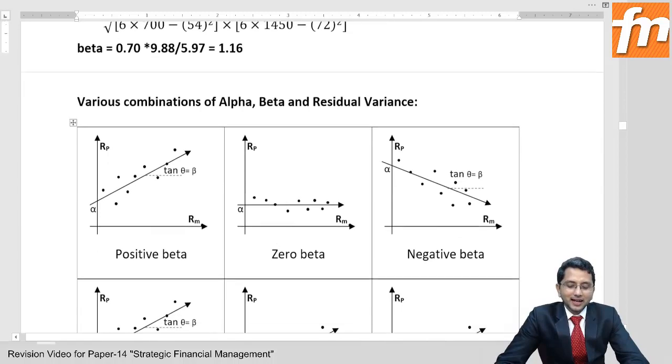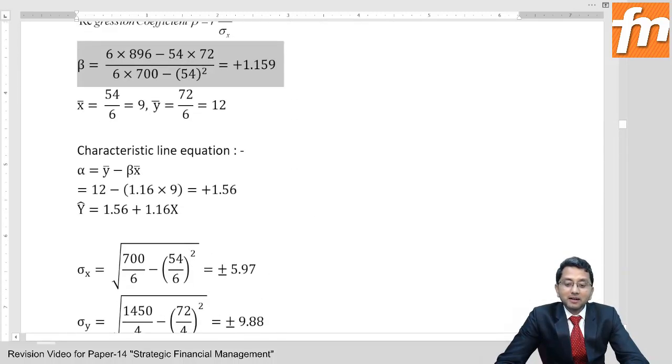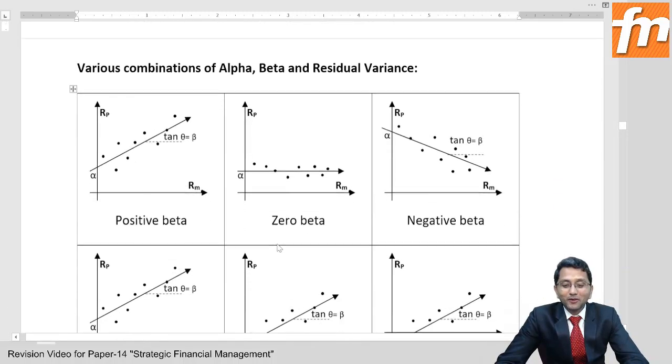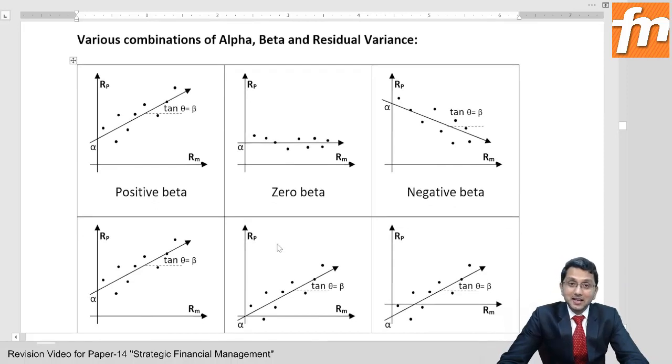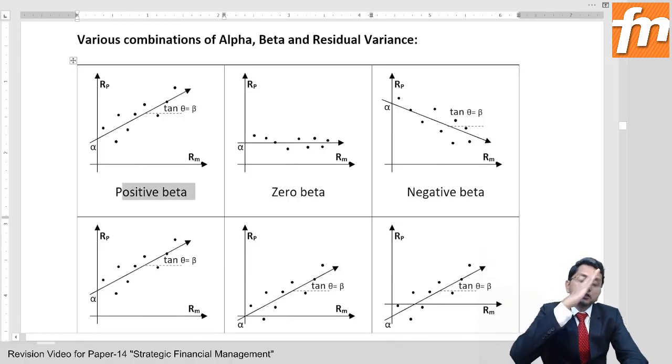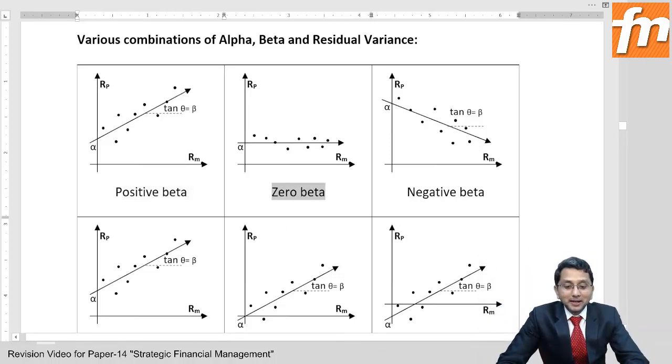Now, look at this. I have this diagram, under various situations, how will it look like? They won't ask it in exam, but you will have a better grip on concept. This is positive beta. The upward sloping line is positive beta. If Sensex is rising, my share is also rising. This is zero beta.